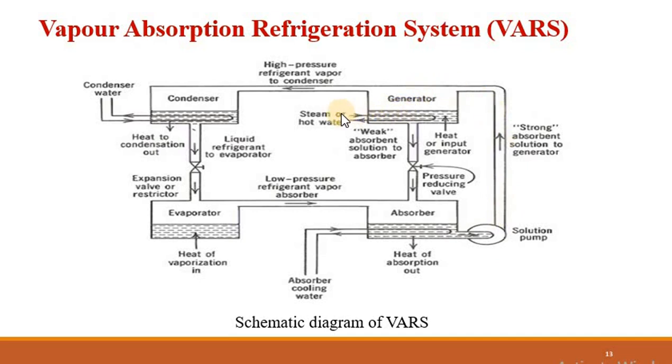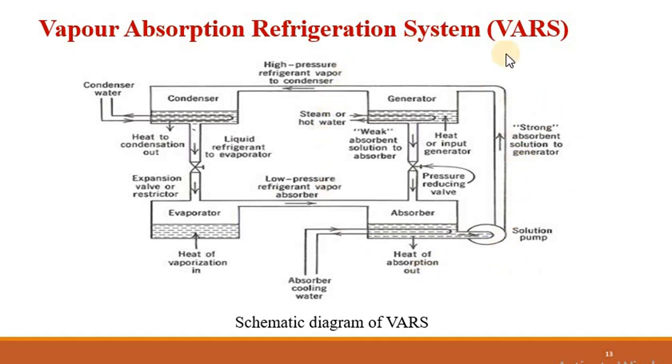In the generator, we heat the system with the help of steam, waste heat, heating coils or some other method, and due to heating, the refrigerant vapor again separates from the solvent and moves to the condenser, while the solvent moves back through the pressure reducing valve and then to the absorber. So this is the cycle for the solvent, while this is the cycle for the refrigerant.